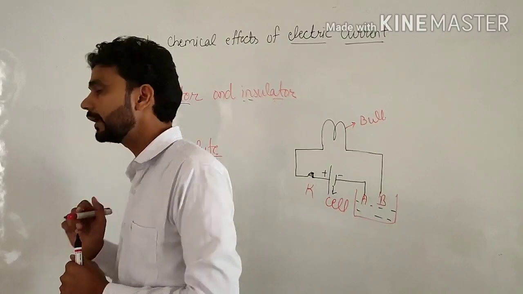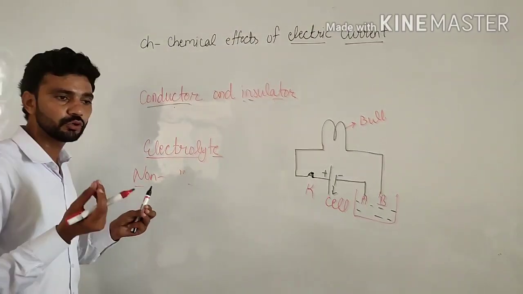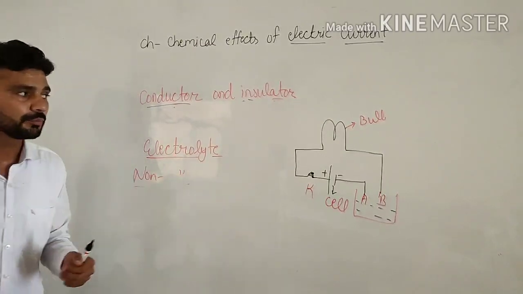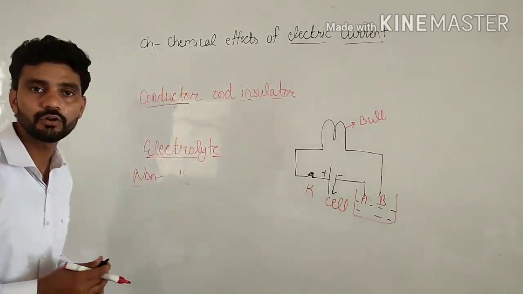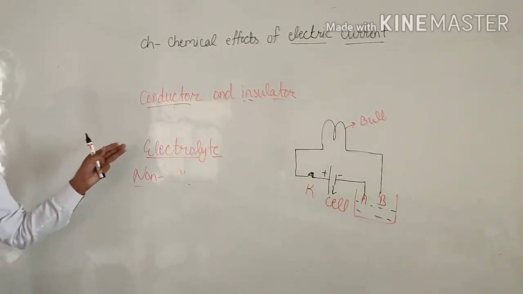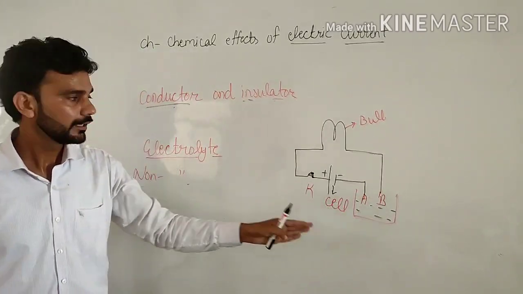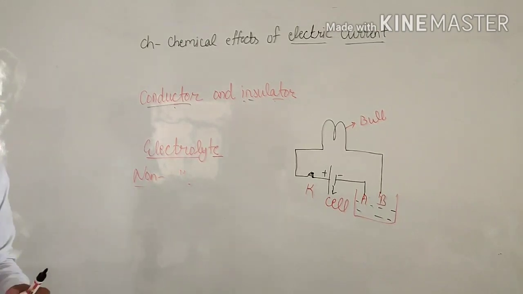Non-electrolyte is the material which does not show any chemical change. So an electrolyte is the chemical or compound which, when current passes through it, shows a chemical change. If it does not show any chemical change, it is a non-electrolyte.